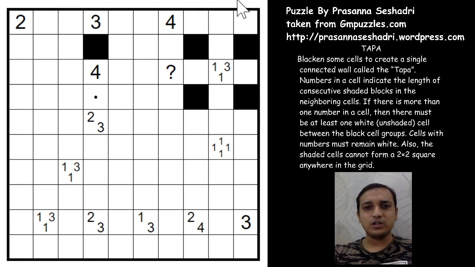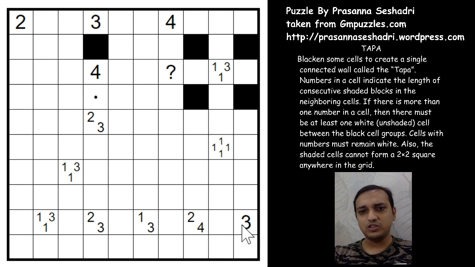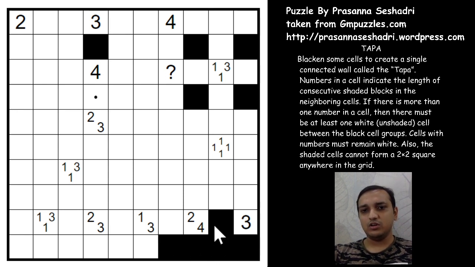And the most important trick in a Tapa puzzle is connectivity. For example, if you see these 3, right, I said that this cell should surely be shaded for a 3 at an edge, right? What happens if I shade this cell also? This black cell has to come out somewhere from these 2 rows, right?